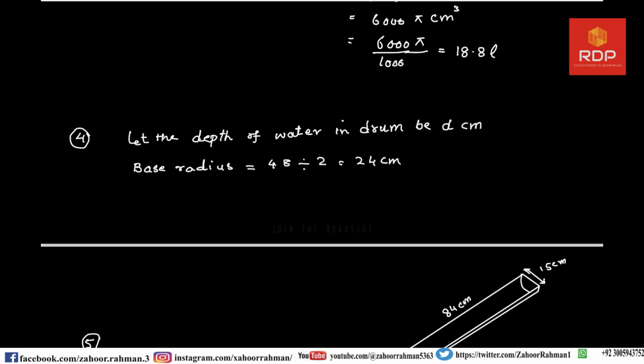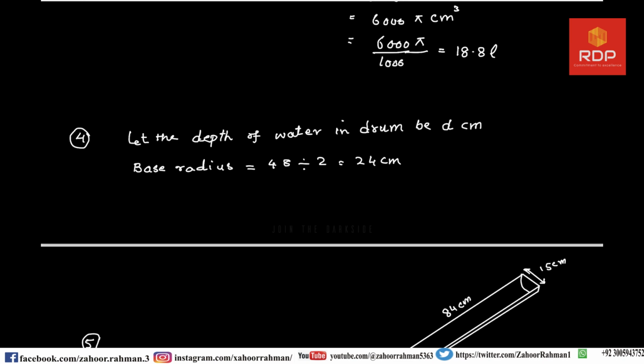So what will be the base radius? Base radius will be the half of that diameter, and we are dividing 48 by 2 to find the base radius, which is giving us 24 centimeter. Find the depth of the water in the drum.